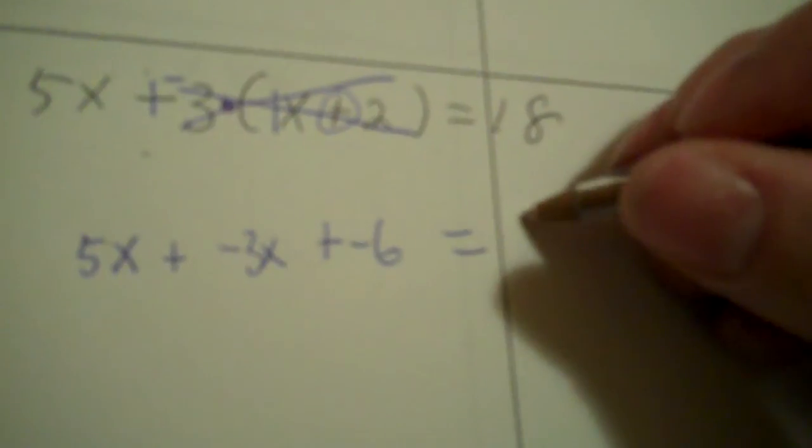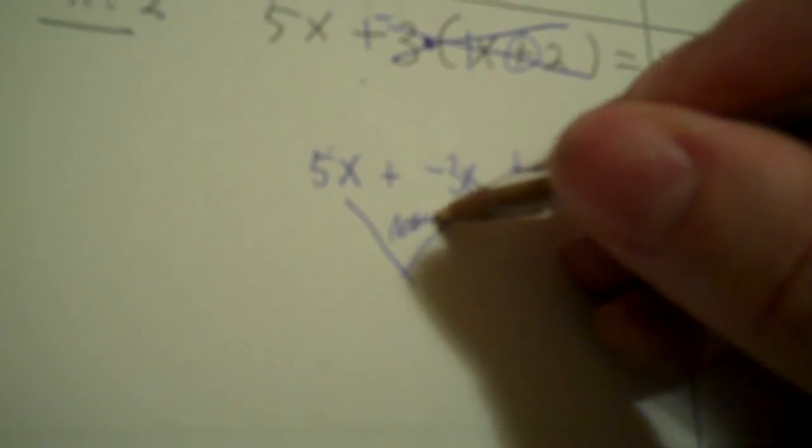Now we do have this 5x, so I put a plus 5x, okay, and then 18. Now again, we don't want to make that wall because there's two x variables, two different ones, 5x and negative 3x. Well, if they're on the same side, we combine them by adding. Okay, so 5 plus negative 3 is 2x, and then plus negative 6.